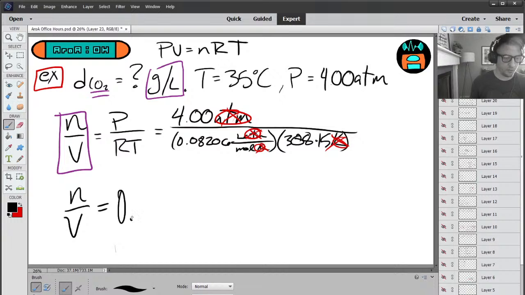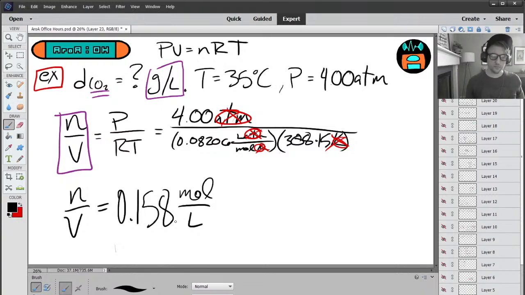Gives us a mole to volume ratio of 0.158 moles per liter. All right, and like we said, we're almost there.